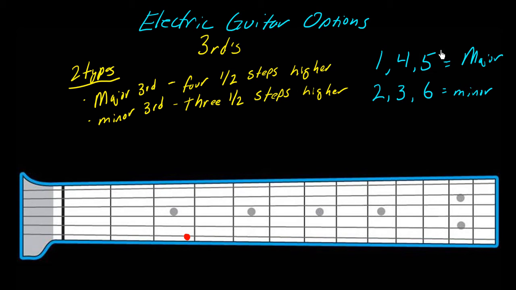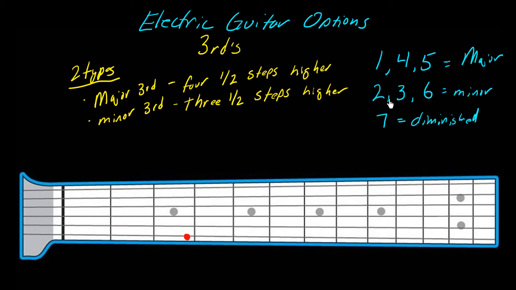That's according to chord progression theory. And chord number 7, which is the only one that's missing, by default, is called a diminished chord. Now for this lesson, all you need to know is this. These major chords, 1, 4, and 5, use major thirds.